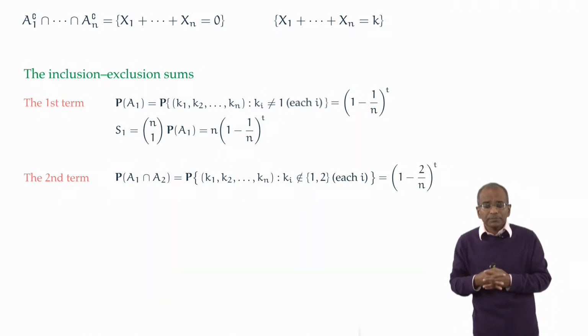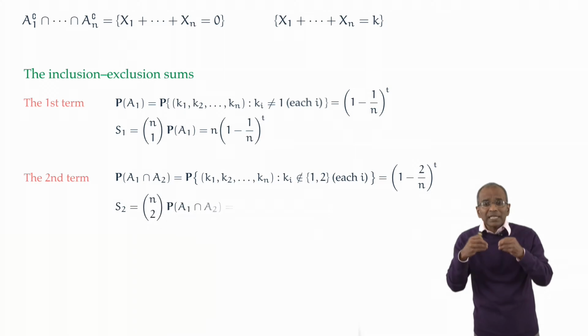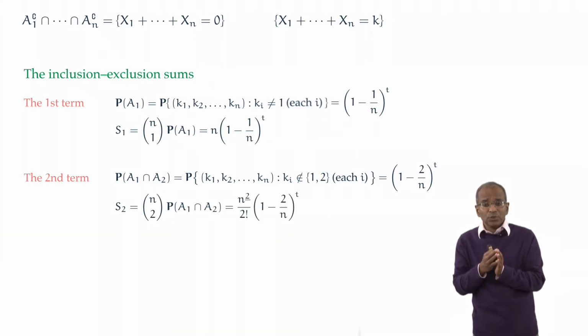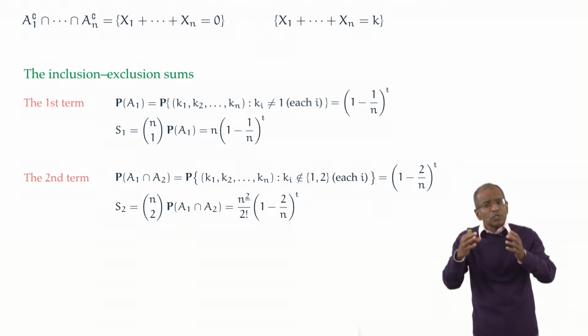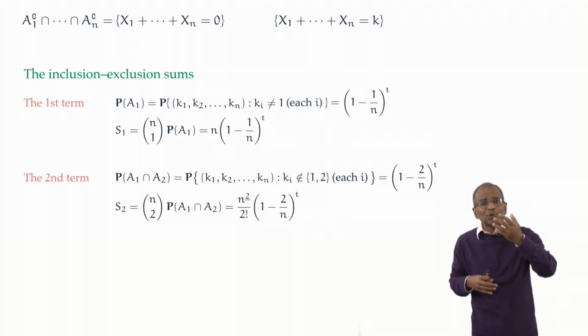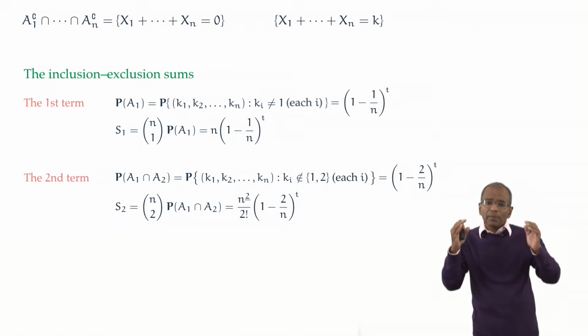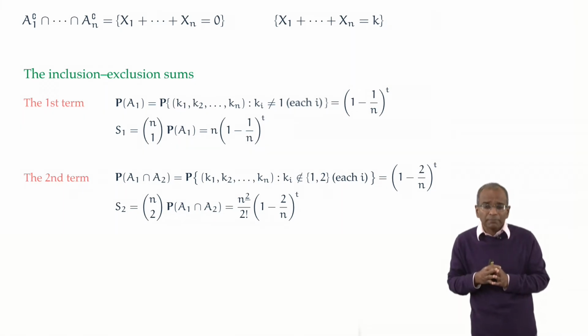Again, the calculations are impeccable for any pair of coupons, and therefore the second inclusion-exclusion sum S2 is given simply by n choose 2 times 1 minus 2 over n to the power t, or in terms of the falling factorial notation, n to the 2 falling over 2 factorial times 1 minus 2 over n to the power t.